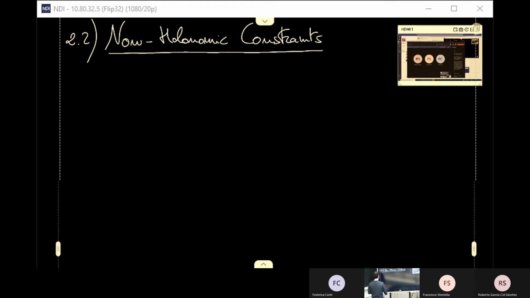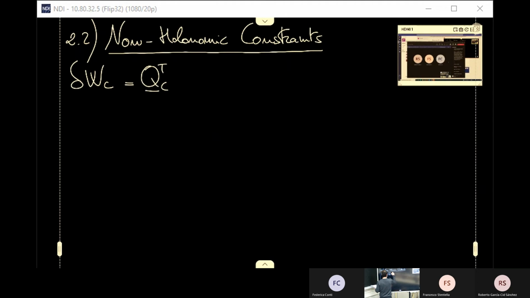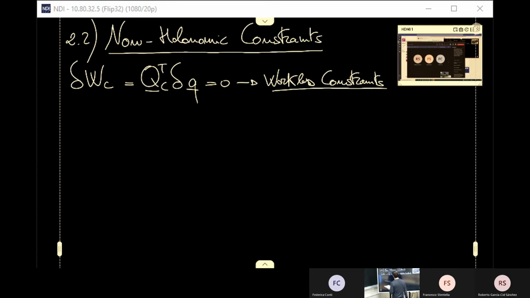Well, in this case, again, we reintroduce the work of contact forces as QC times delta Q, right? And this is typically equal to 0 because we always make the assumption of workless constraints. All right.